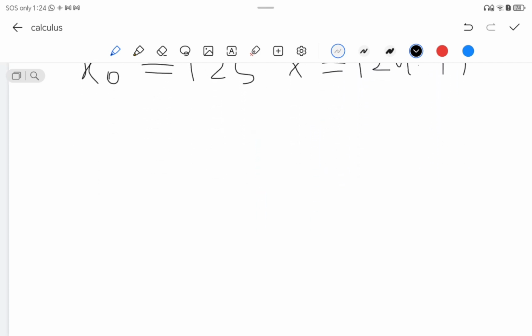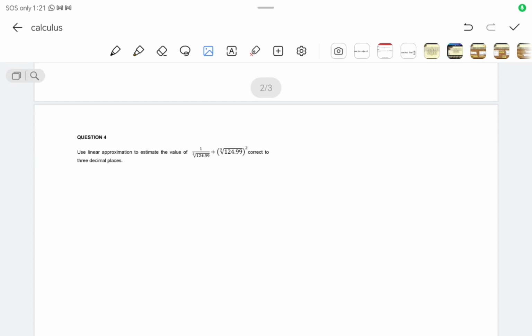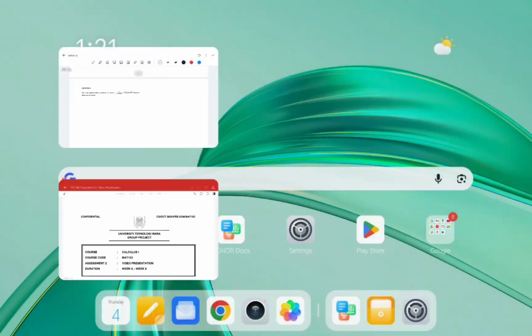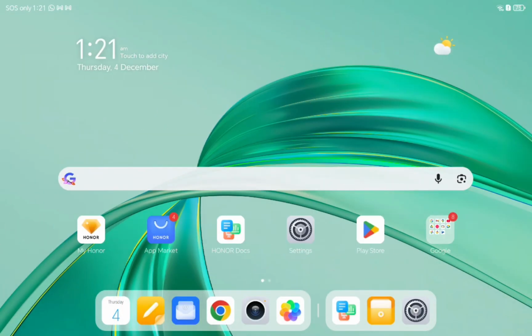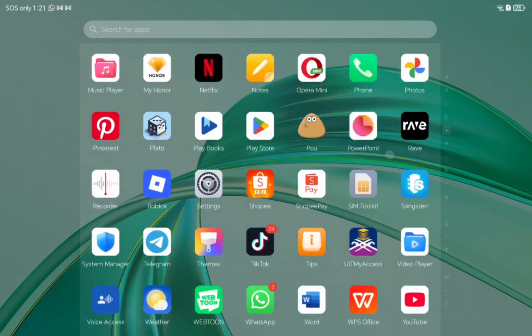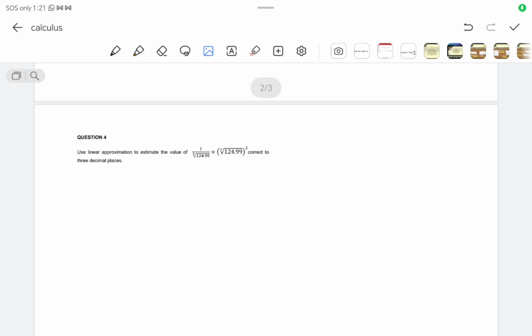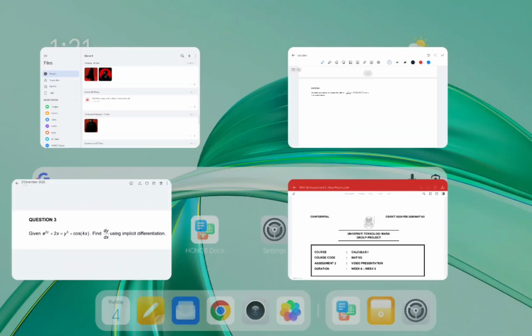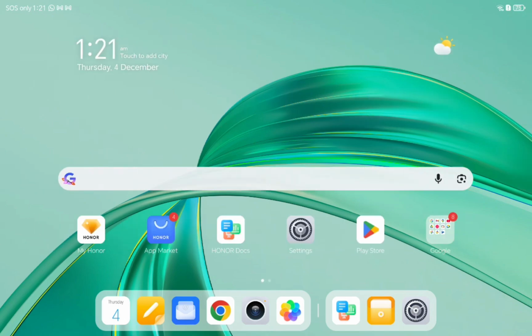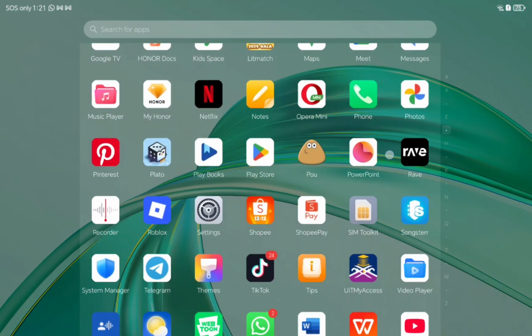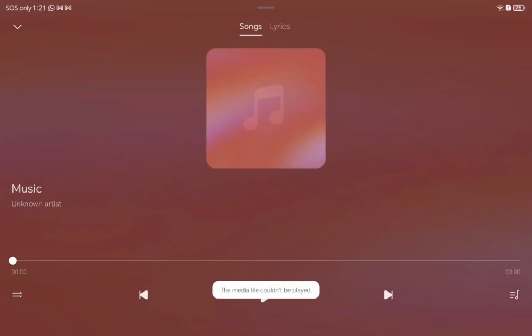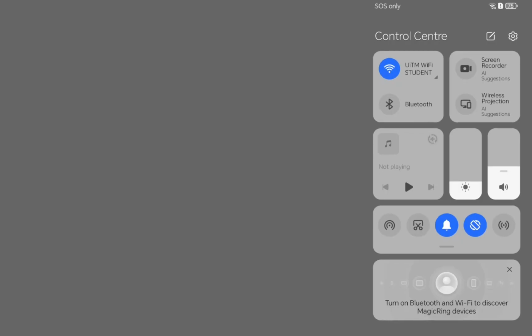Let's find the differential dx, which is 124.99 minus 125, where we will get negative 0.01. Let's find our f prime x. Our f prime x equals negative 1 divided by 3x to the power of 4 divided by 3 plus 2 divided by 3 multiplied by x to the power of 1 divided by 3.